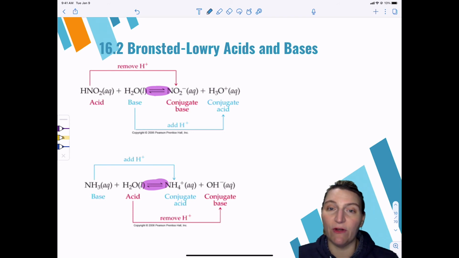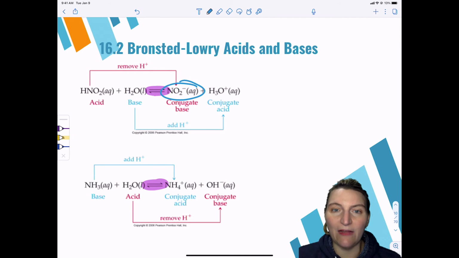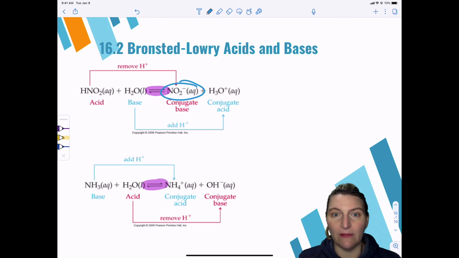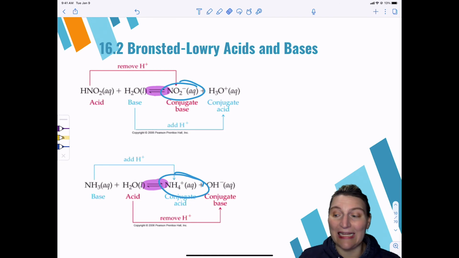Because look at the reverse reaction: NO2 minus, nitrite, acts as a base because it accepts the hydrogen back from H3O plus. And in the ammonia reaction below, you can see NH3 is a base. It accepts the hydrogen from water. But in the reverse reaction, the ammonium ion is a conjugate acid. It will donate the hydrogen back to water.